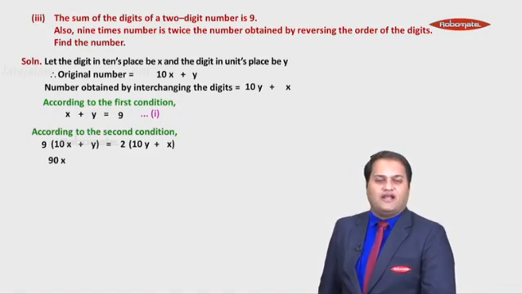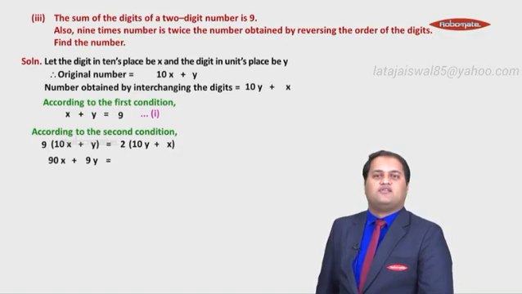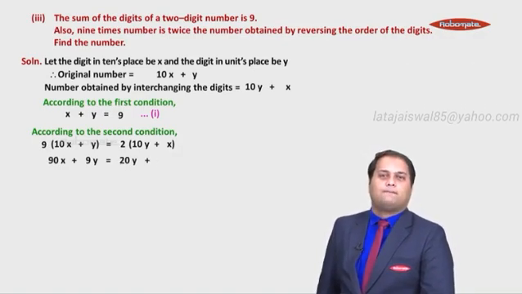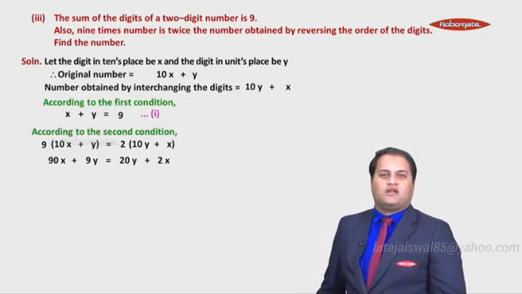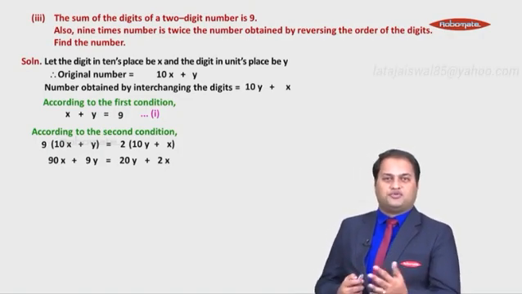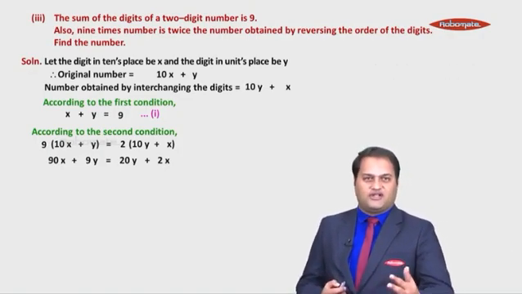Let's simplify this by opening the brackets. What do we get? 90x plus 9y is equal to 20y plus 2x. Now bring all x terms together, y terms together, constant terms separately.